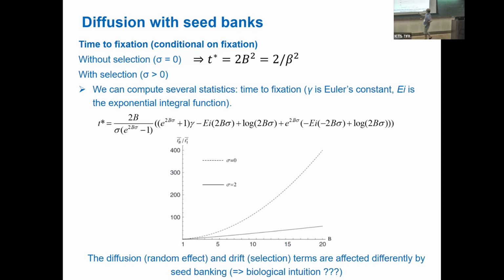Obviously, it's almost linear in B, kind of, not entirely, but yeah. You can see that, I mean, this here would be 50, so it's not exactly linear in B, but it's for sure very different. Okay, so I would say that this graph gives you an intuition that there is something going on here, that the selection works differently from the drift term, right? From a neutral drift, okay?